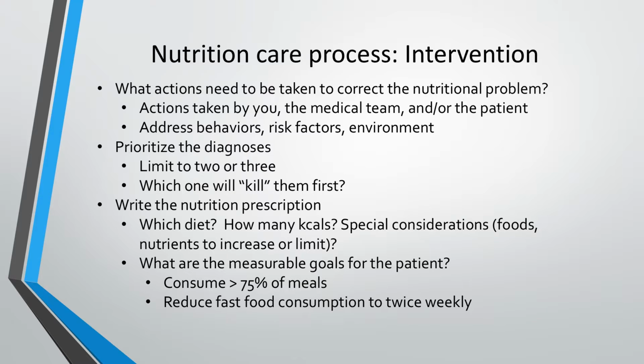So again, we get back to this idea of numbers. So our goal, after we put them on a soft diet, is that they're going to consume more than 75% of their meals, or more than 80%, or whatever you deem appropriate. Another option, if you remember from our patient Jo, we want to reduce his fast food consumption to twice a week.